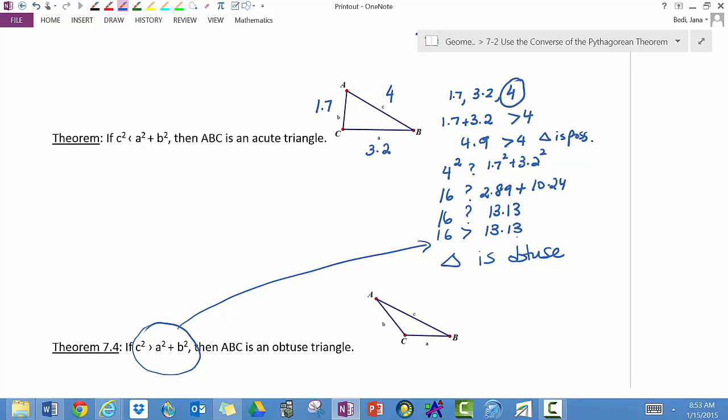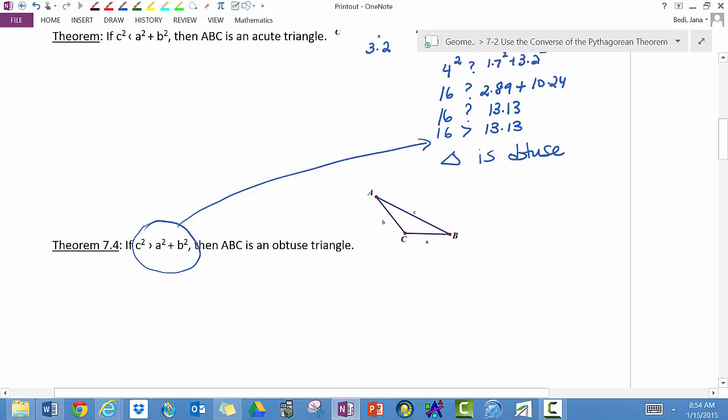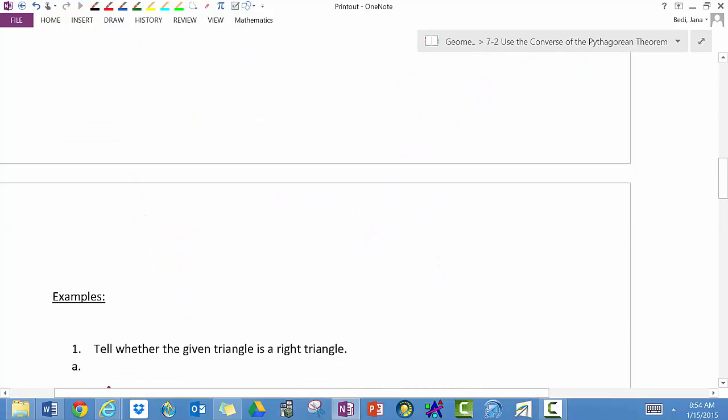If a triangle is possible, square the longest side, compare it to the sum of the other two sides squared, and if it's less than, then it's acute. If the longest side squared is greater than the sum of the squares of the other two sides, then it's obtuse, as stated here. So if what I've said confuses you, just go back and look at all this written work in the video.